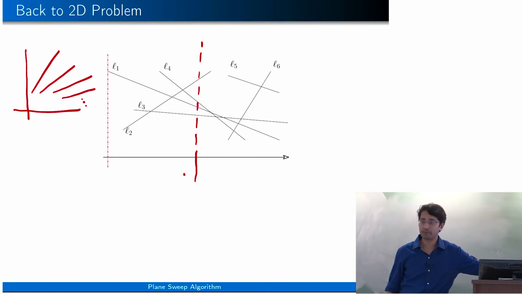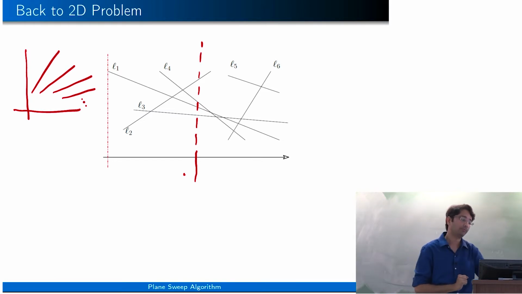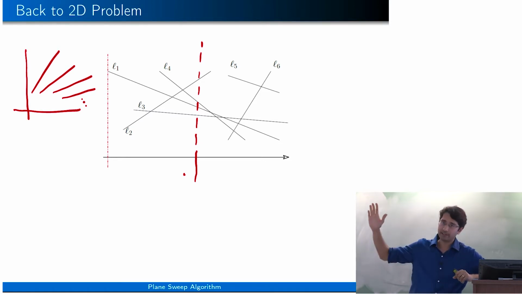How to overcome this? I cannot, at the beginning, find out which line segments the new line segment will intersect eventually.